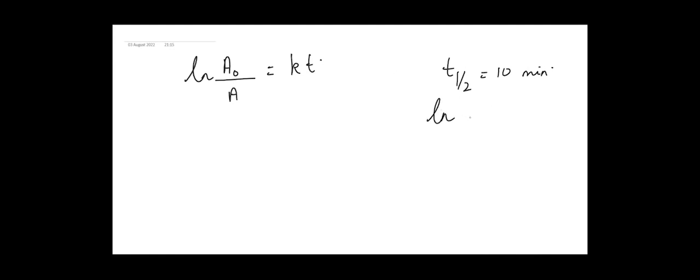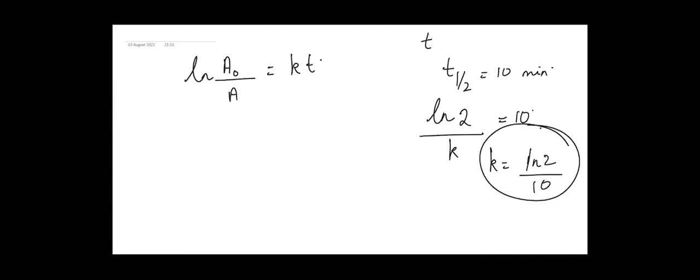We already know the first order reaction relation, which is ln A naught by A equal to K times t. In the question they have given the half-life to be 10 minutes. The half-life of a first order reaction is ln 2 by K, which is 10 minutes, so K is equal to ln 2 by 10. The time is 15 minutes, so t becomes 15 minutes.